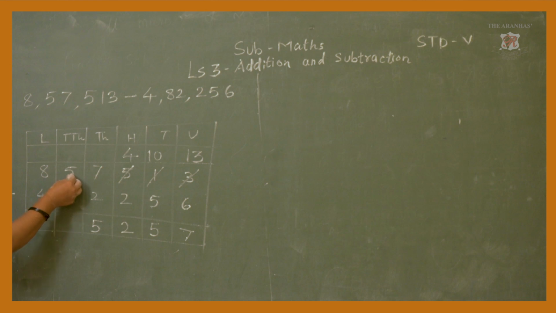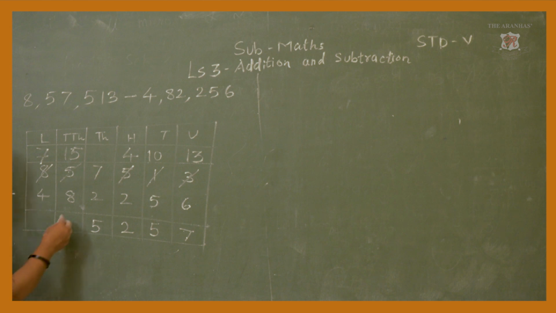Here 5 and here it is 8. We can't subtract 8 from 5. Again we have to borrow the number from the next place value. So, again cut 1 from 8. So, it is 7 and here we are getting 15. So, it is very easy for you to solve the sum. 15 minus 8, 7, correct. And 7 minus 4, here getting then answer 3.